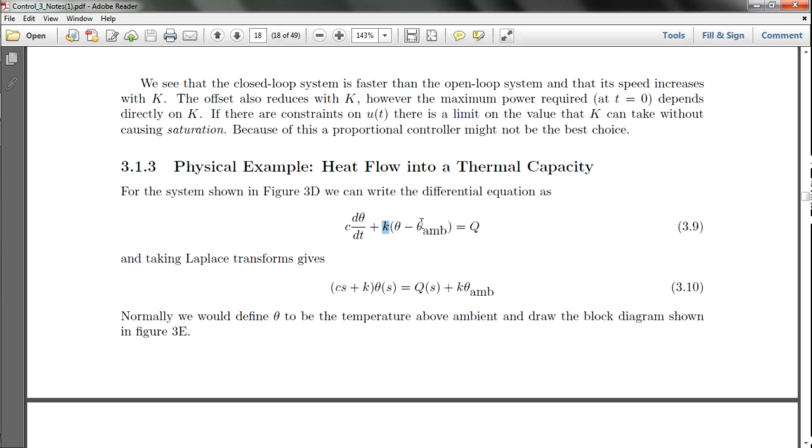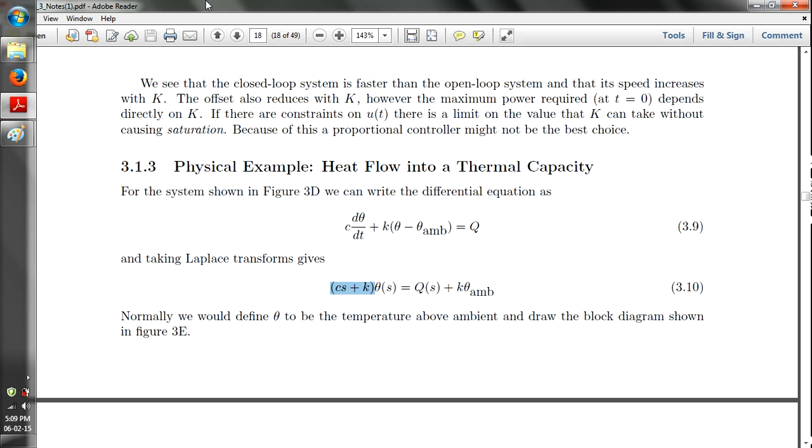Then you bring this minus k theta ambient over here, and using the Laplace transform you eventually get this. This is the input plus the ambient temperature outside. You bring this downwards, and this is also considered an input because the temperature of the environment is crucial and is also an input. So this is output divided by input, and this 1 over cs plus k is again our transfer function.